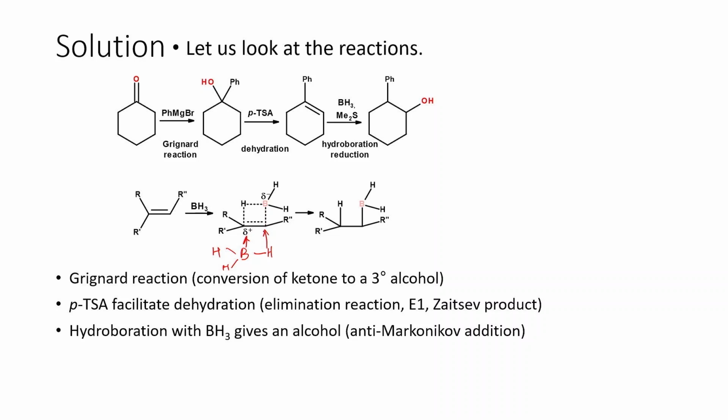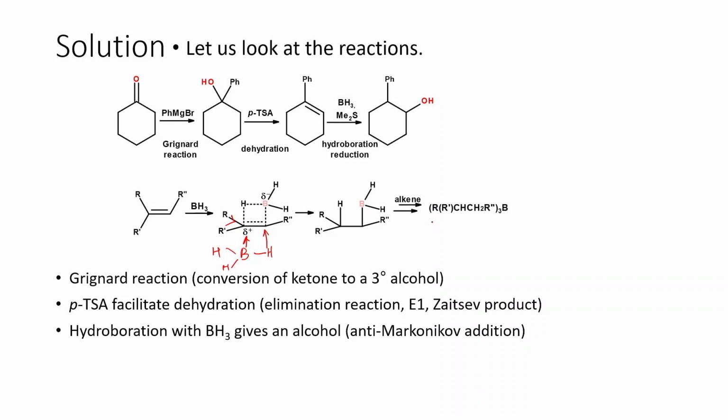After the charge polarization, this carbon having a delta positive charge, the most substituted carbon, is easily stabilized by the plus inductive effect of the alkyl groups present here. That is the reason the boron adds to the next carbon.